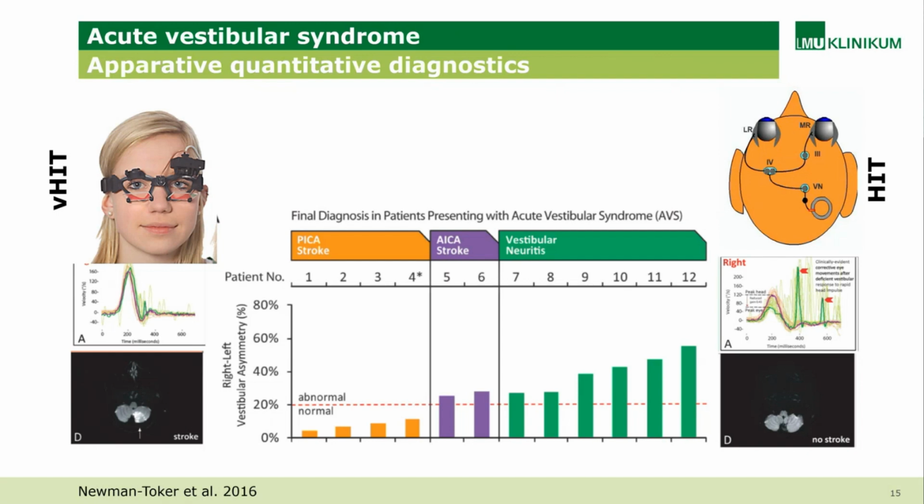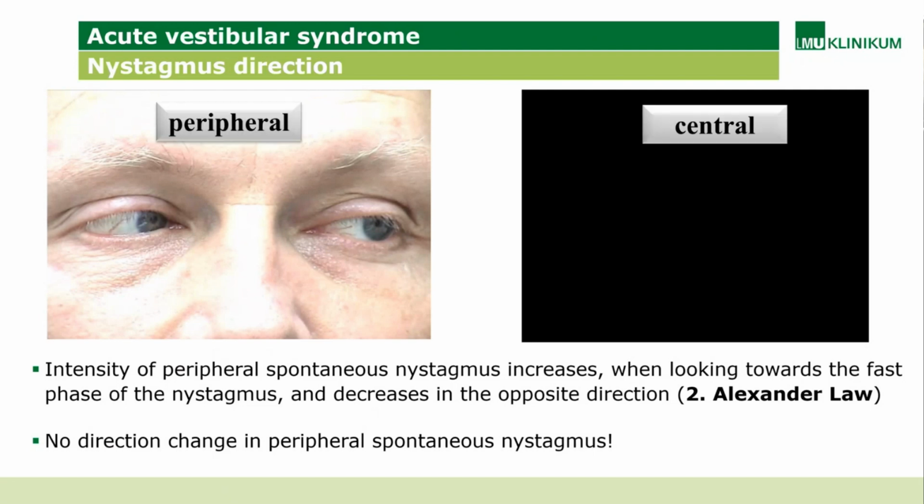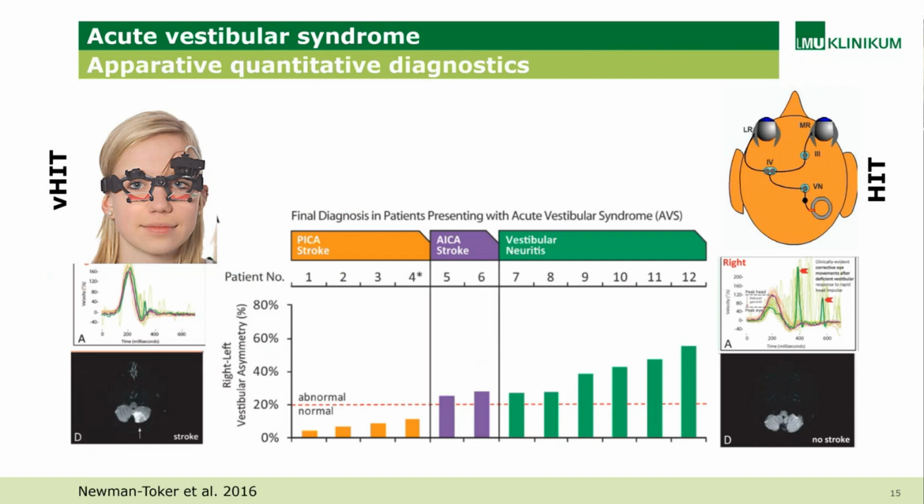You see what happens in a central disorder, this a bit pinkish and violet trace actually is the head acceleration. That means you turn your head, and it's a peak because you translate the position into velocity profile. It will be a peak now.